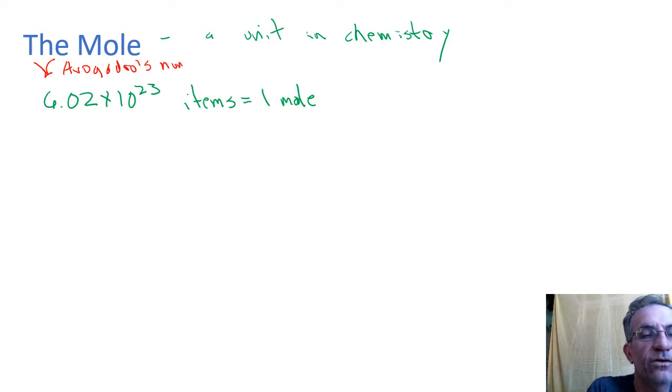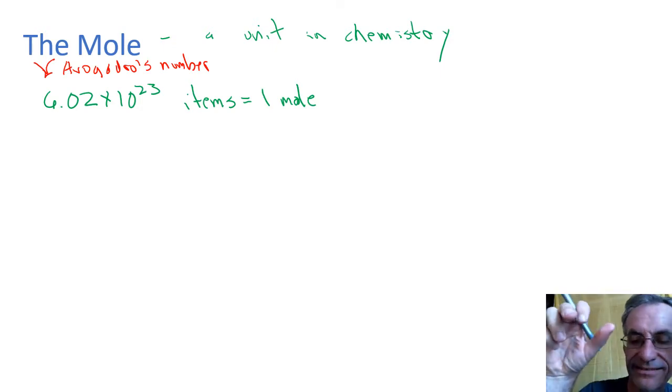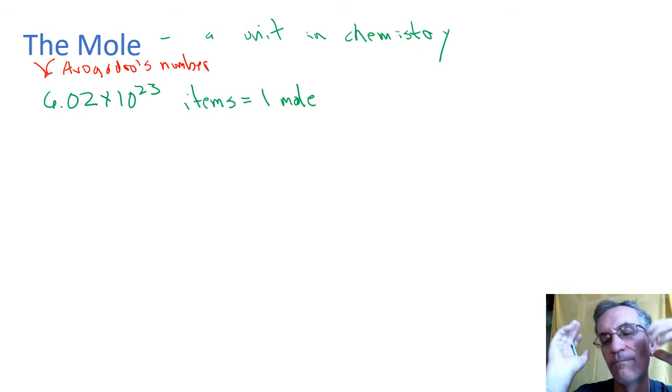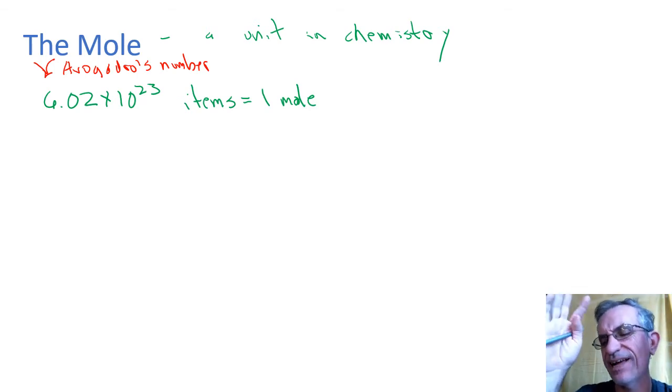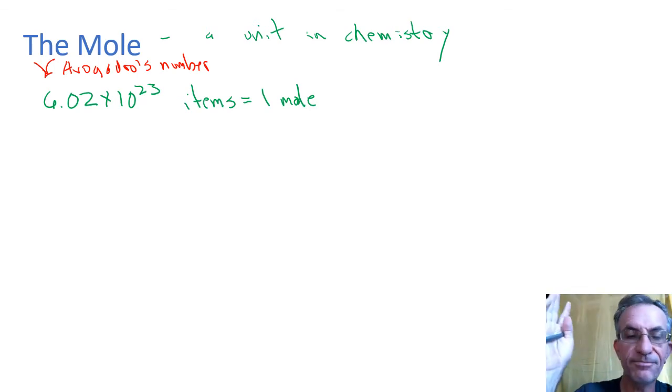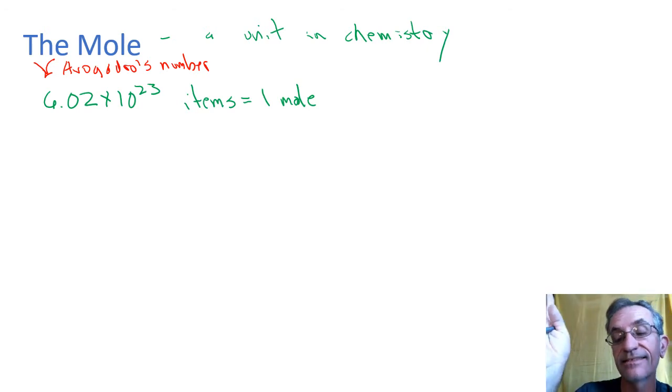The way that we use this number is that it allows us to convert between individual little things and this idea called the mole. We're going to do some examples of that in just a minute. Before I do that, let me try to explain what a mole is. 6.02 times 10 to the 23 of anything in the world is the same thing as having a mole of that thing.